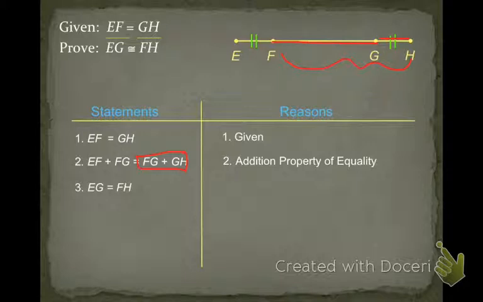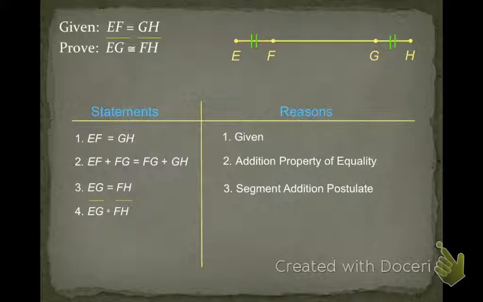And the reason why we can do that is the segment addition postulate. Well, if EG is equal to FH, if their distances are equal, then that must mean that the segments are congruent, and that's by the definition of congruent segments, and we've reached the statement we've been trying to prove. So that's it. That's our two-column proof for this first example.